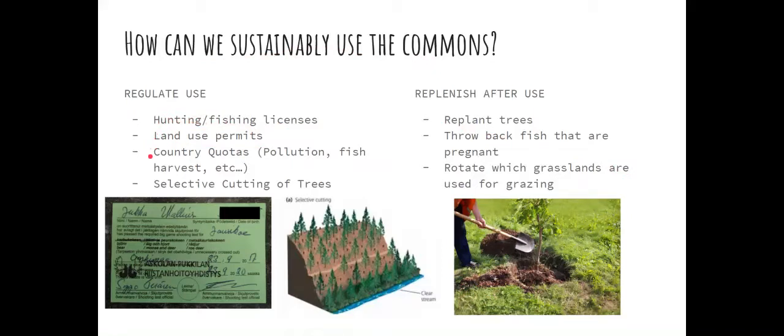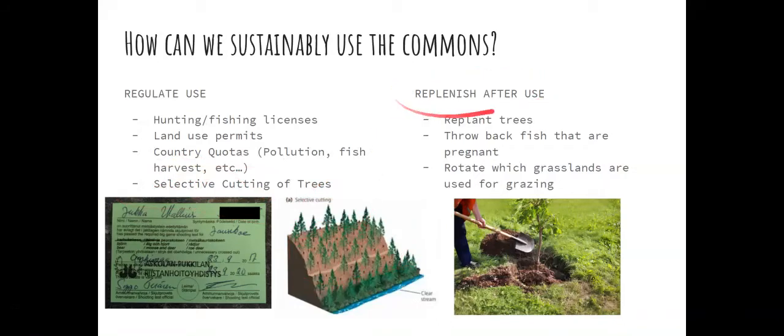As well as creating quotas, and quotas are limits on how much you can do something. So for example, you can have a country only be able to catch 1,500 tons of fish, or harvest 2,000 trees per year. Additionally, you could do stuff like selectively cutting trees, which you only cut certain trees that are ready to be harvested and leave the rest.